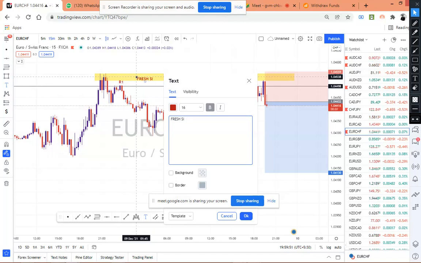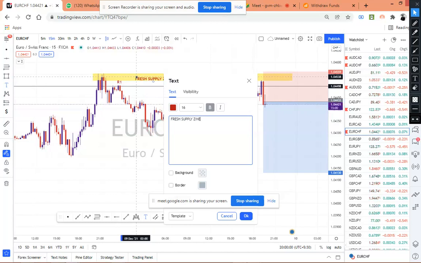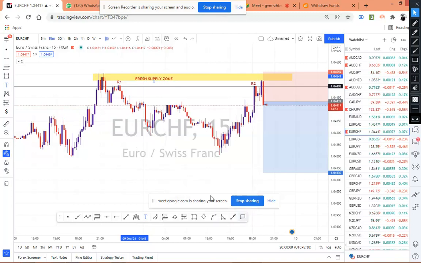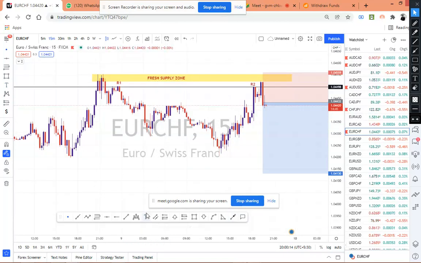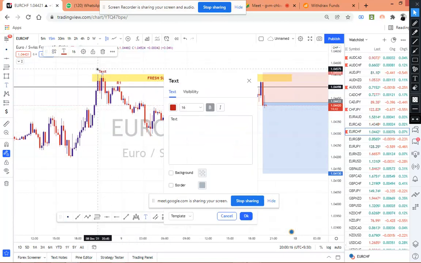That is the untested supply. Fresh supply zone. Higher high.